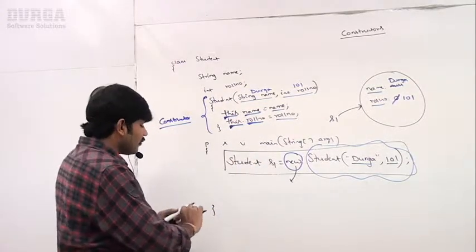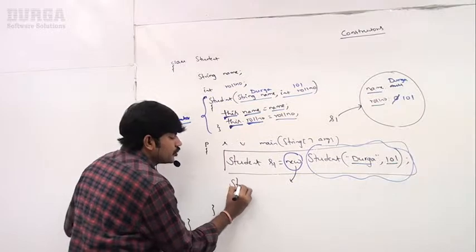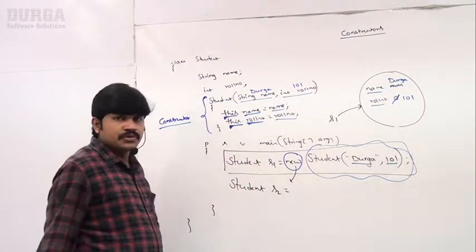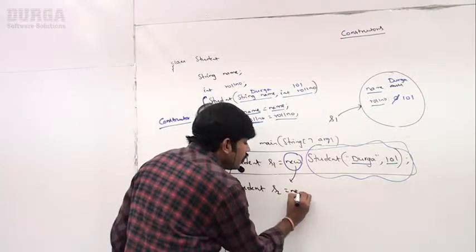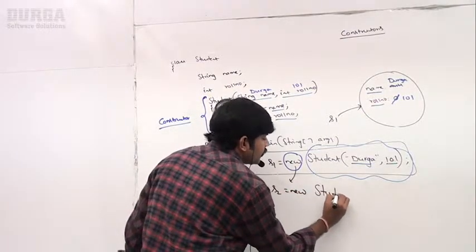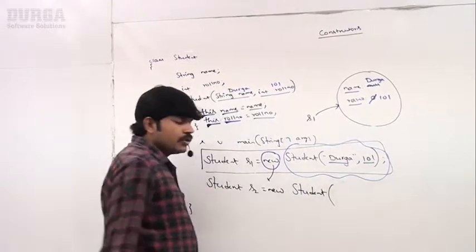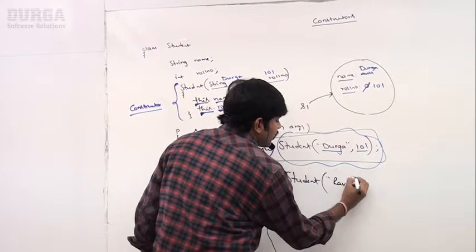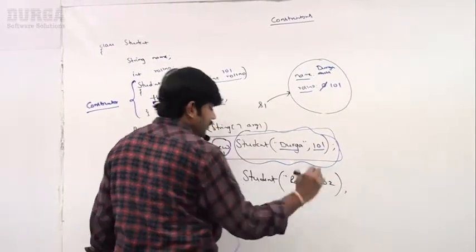Let me create one more object. Student s2 is equal to new Student of Ravi, 102, like this I'm taking.